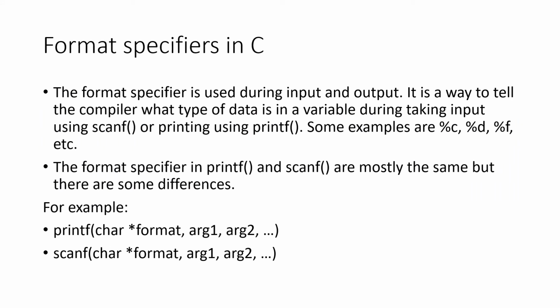Format specifiers in C. What is a format specifier? The format specifier is used during input and output. It is a way to tell the compiler what type of data is in a variable when taking input using the scanf function or printing using the printf function.